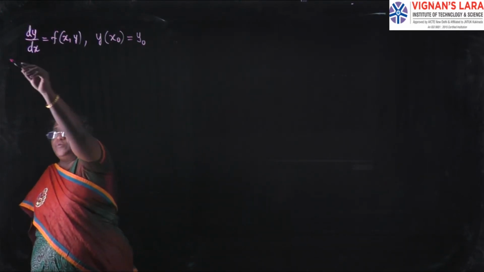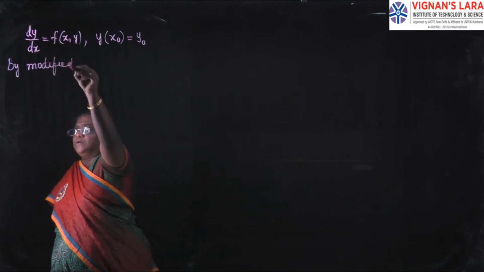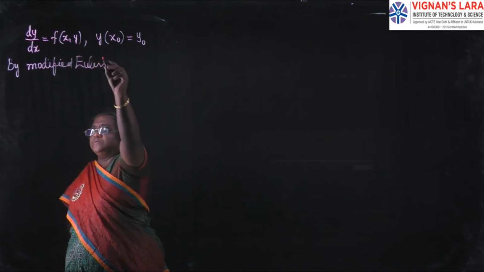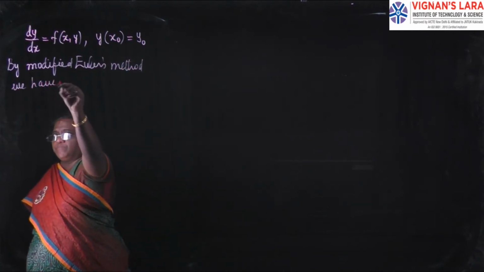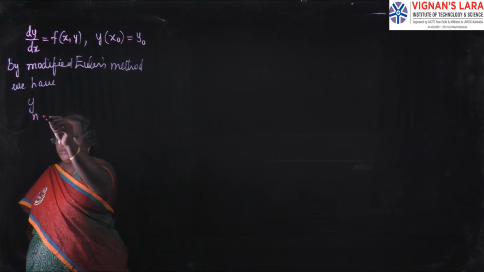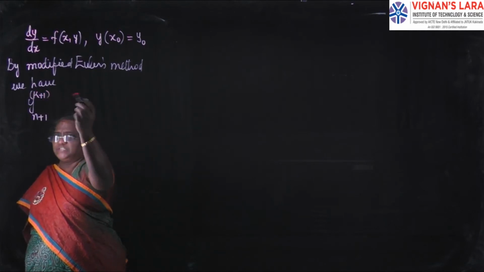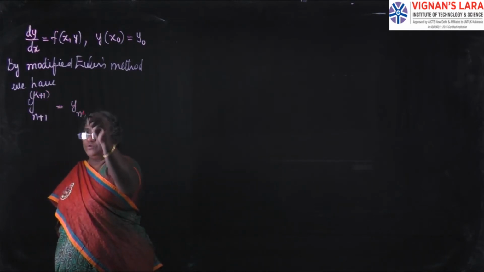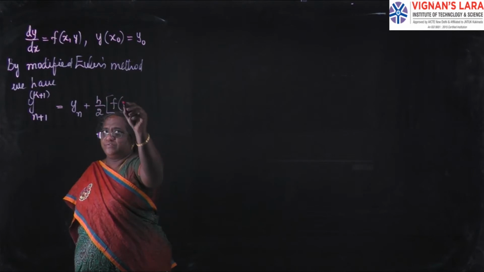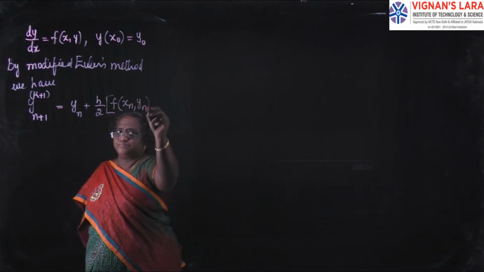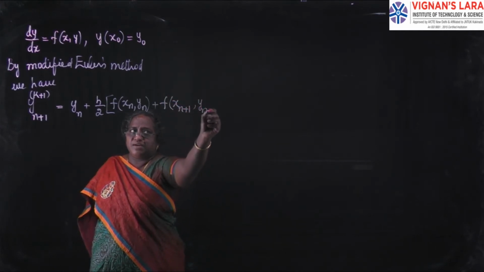So here, by modified Euler's method, we have y n plus 1 of k plus 1th approximation is equal to y n plus h by 2 into f of x n comma y n plus f of x n plus 1 comma y n plus 1.